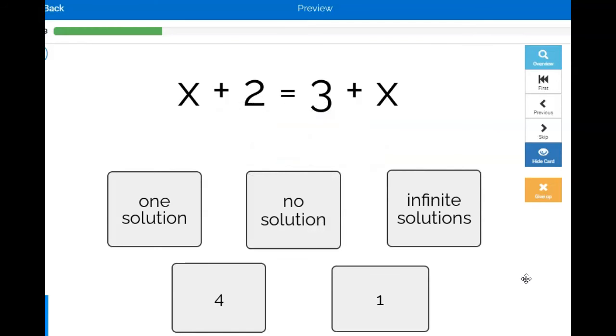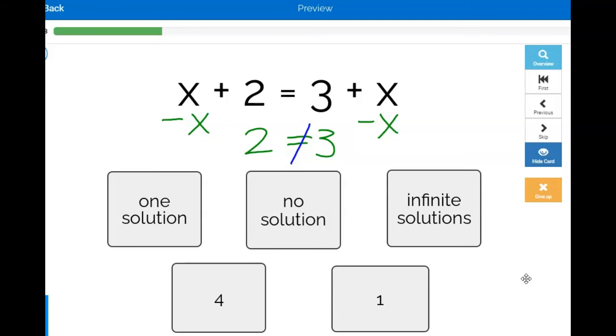I might also try this. If I'm solving and I arrive at a statement that is not true, that is yet another indication that there is no solution.